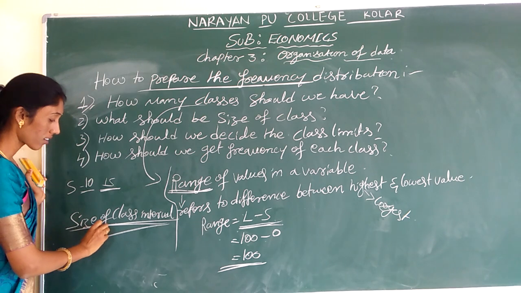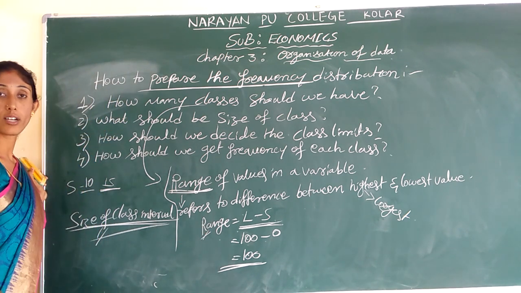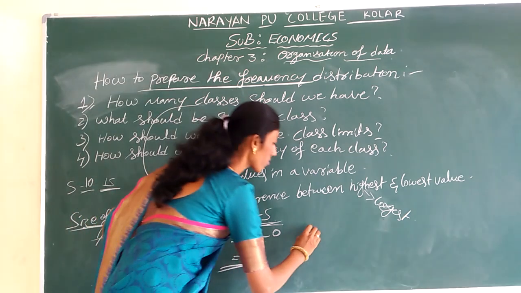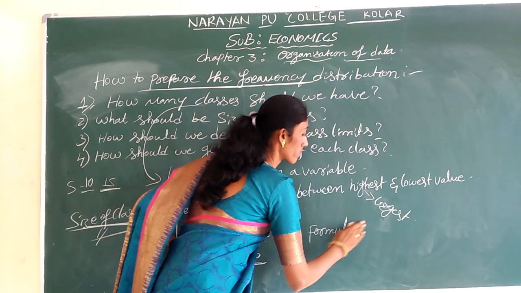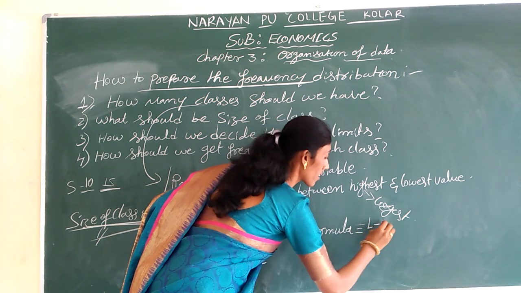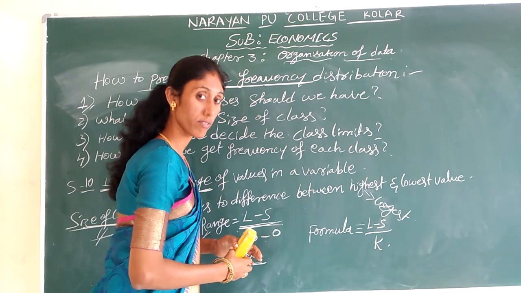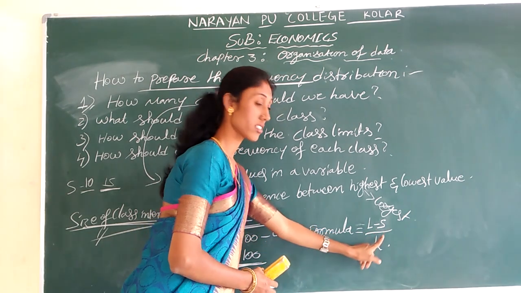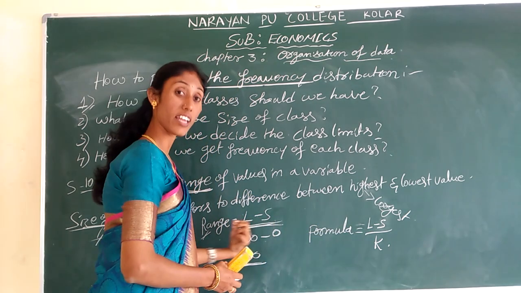By deciding the class interval and the range, we have one formula to find the number of classes. What is that formula? The formula is L minus S divided by K. Here L minus S is nothing but range.